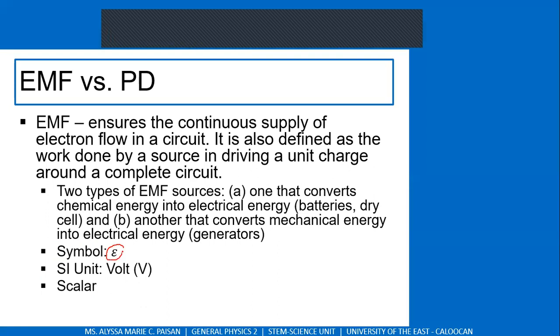Ayan. And so yun yung pinagkaiba nila, no? Pareho silang work done, pero yung potential difference is from lower to higher potential, while EMF is for the complete circuit. Another difference is the symbol. For the potential difference, we have delta V initially, and eventually, we're just calling it voltage or capital letter V. And then the symbol naman for EMF is this letter.